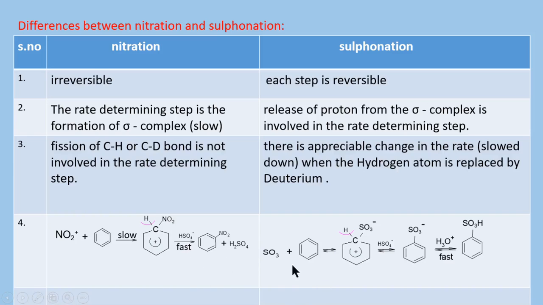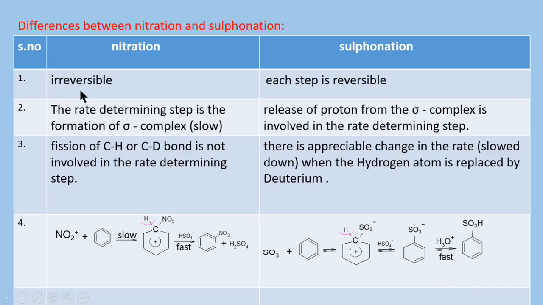But here, this step is found to be reversible. Here as usual the sigma complex is formed, and the removal of H plus taken up by HSO4 minus is also involved in the rate determining step. Then SO3 minus is attached. The H plus from this combines with this, so that gives rise to SO3H. So benzene sulfonic acid is formed.